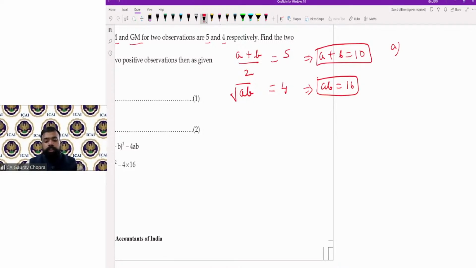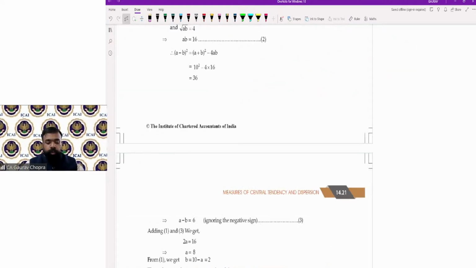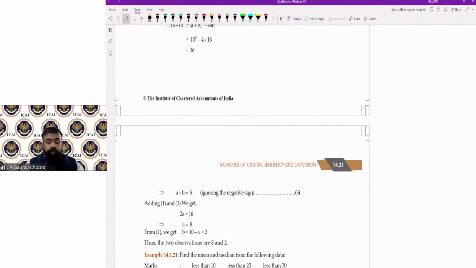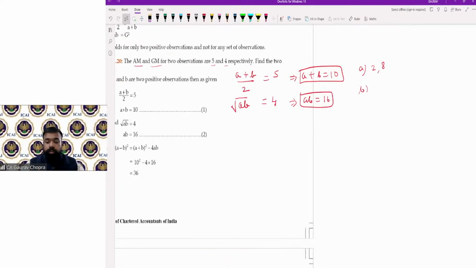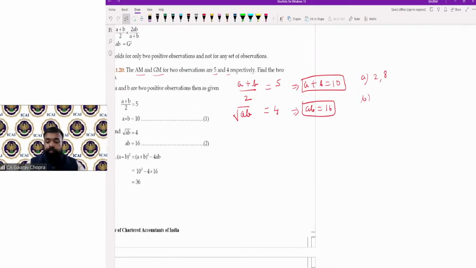First option is 2 and 8. Then for the other options, let's take some close ones: 5 and 5, 6 and 4, and D is none of these.